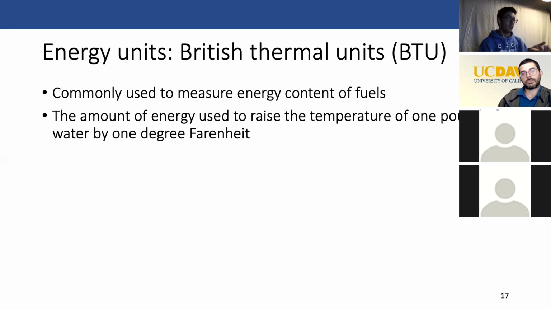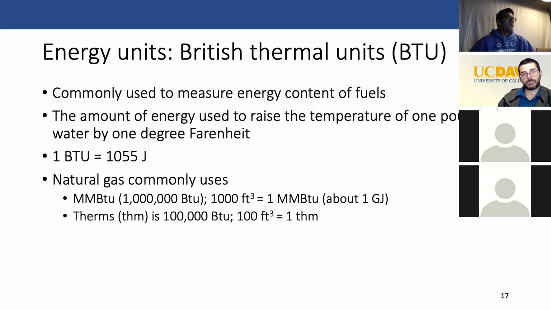It's the amount of energy needed to raise the temperature of 1 pound of water by 1 degree Fahrenheit. So 1 BTU is just over 1,000 joules. And it's most commonly used for natural gas.